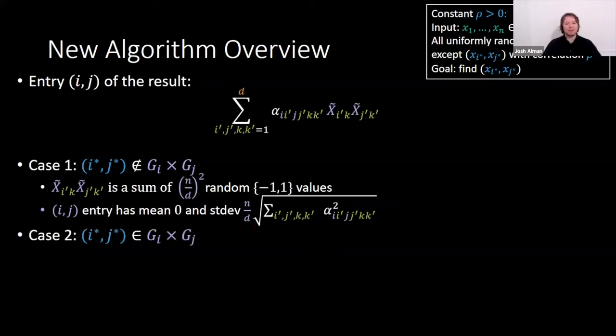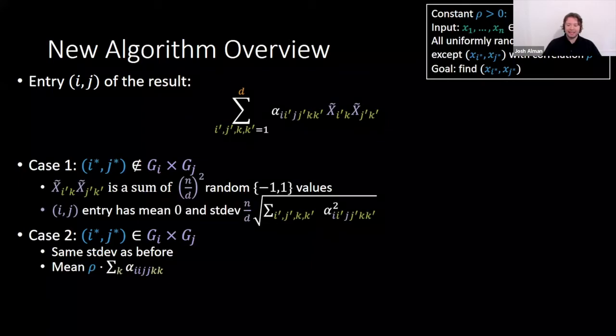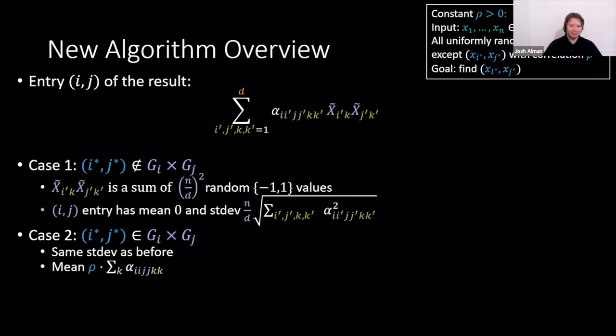And in the case when the correlated pair is in this pair of groups, it's the same standard deviation as before, but now the mean, instead of being rho times the length of the vectors, is scaled by the coefficients that are supposed to be there in matrix multiplication. So the mean gets multiplied by these alpha coefficients now that we're using this new tensor.